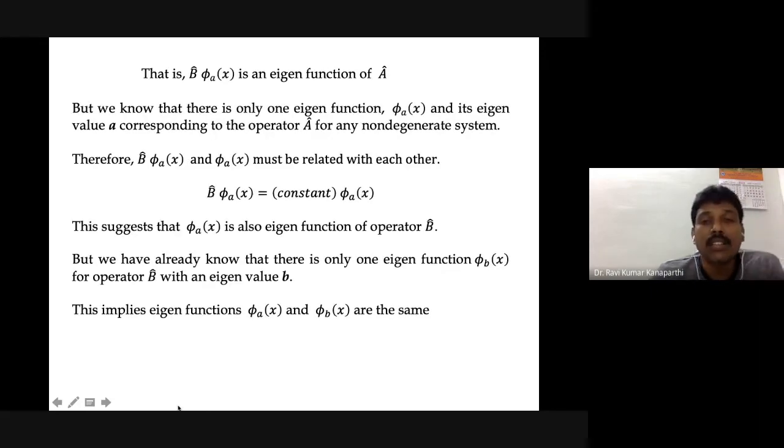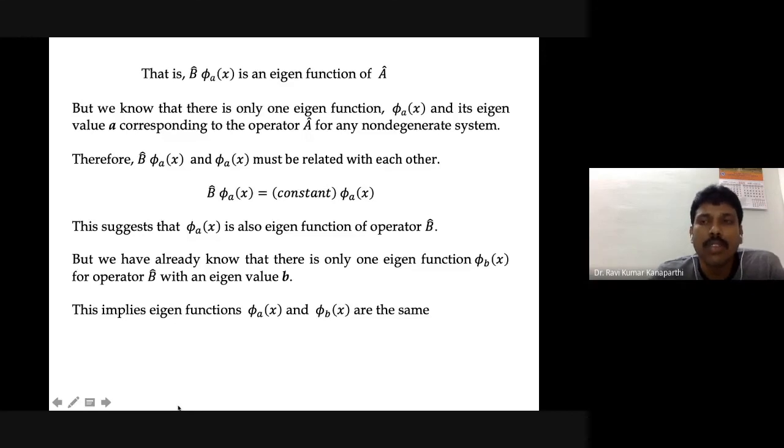But we know that we have only one eigenfunction phi A of x, and its eigenvalue is a. Please remember that according to our assumptions and statements, we have only one eigenfunction. We started with a non-degenerate system. That means we don't have a degenerate system, where for a particular state you can have different wave functions.